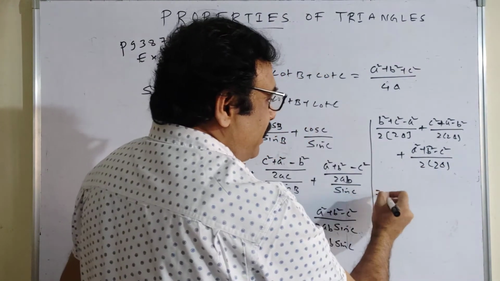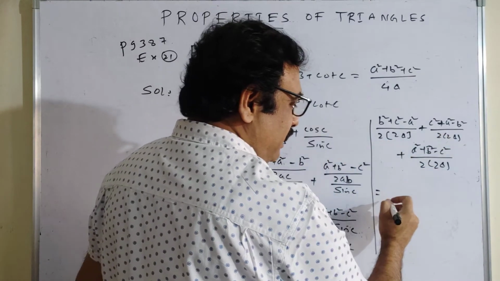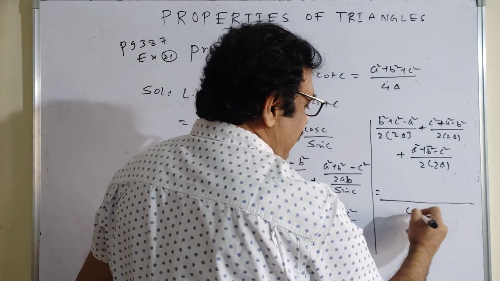So here I am getting 4 delta, 4 delta, 4 delta. I'll be taking 4 delta as the LCM.